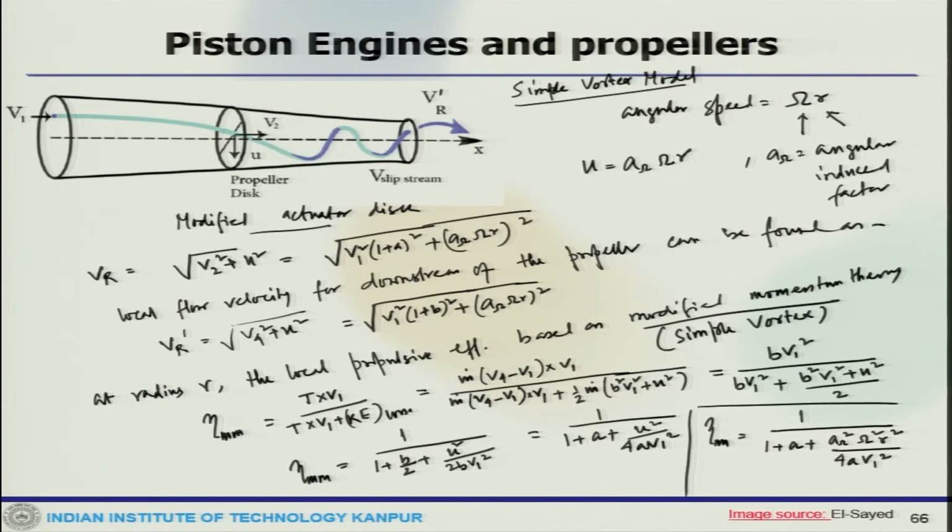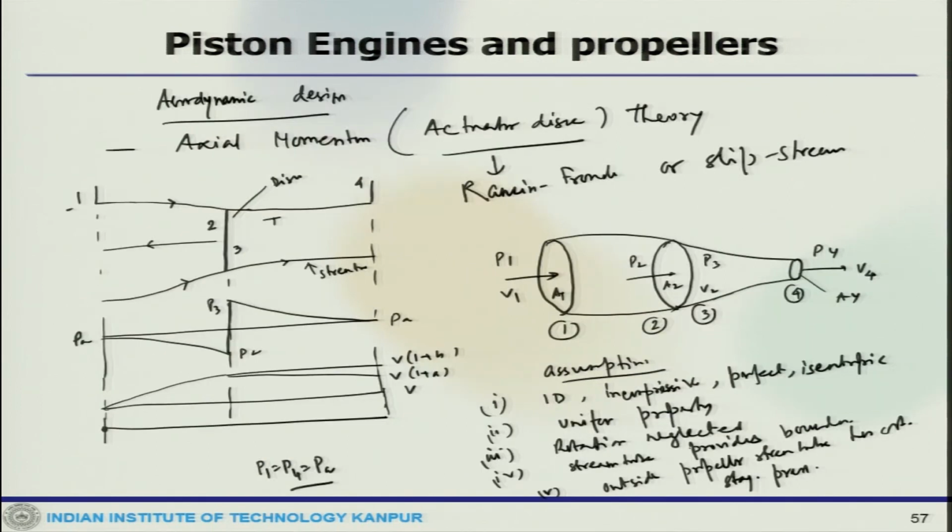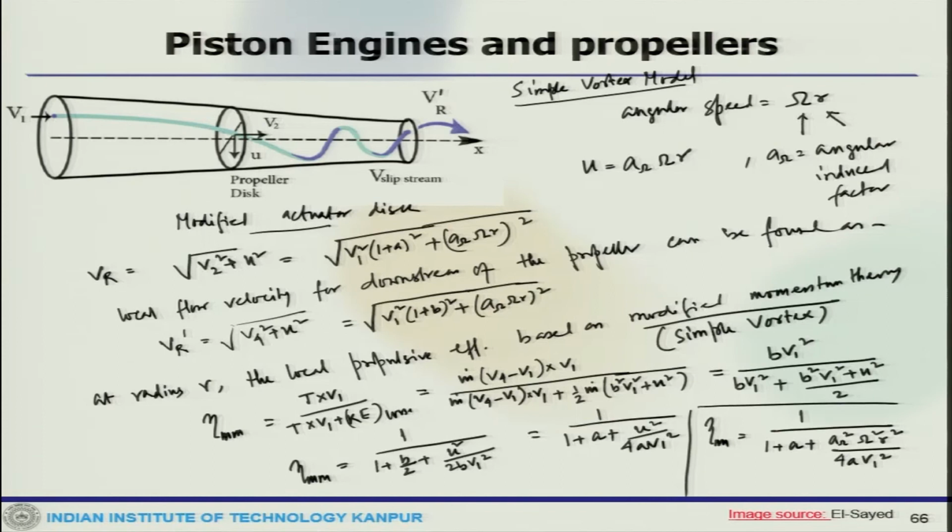So, you can see that one can do the analysis with an actuator disk theory. This is one of the simplest ways one can do the design, simple vortex model or modified momentum theory, to get this efficiency and other quantities.